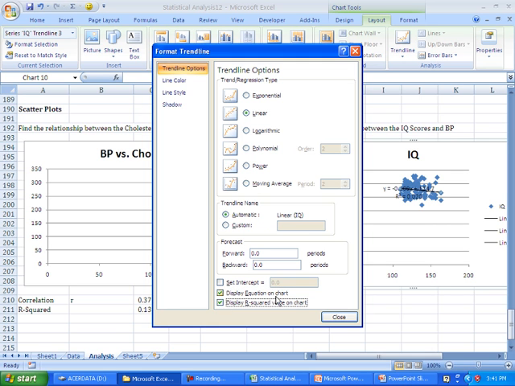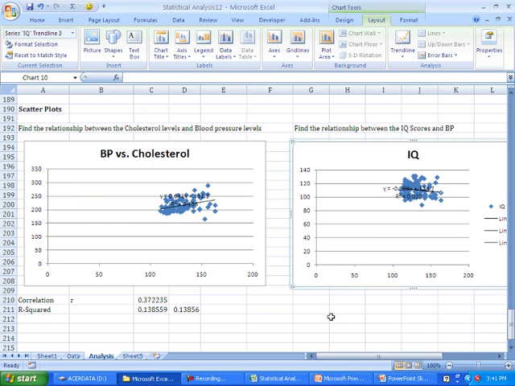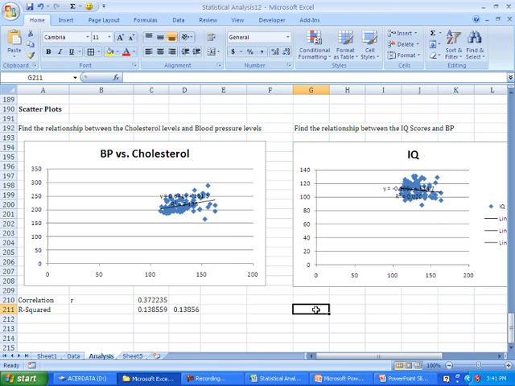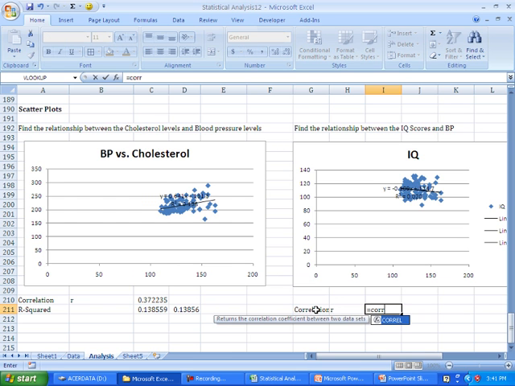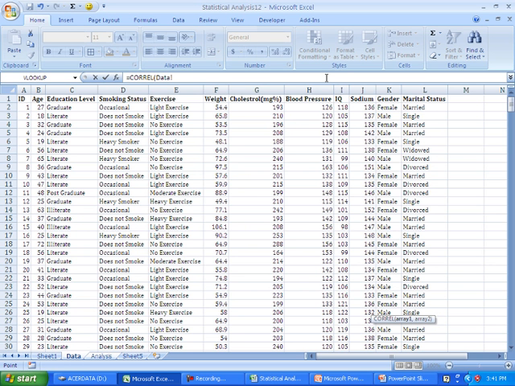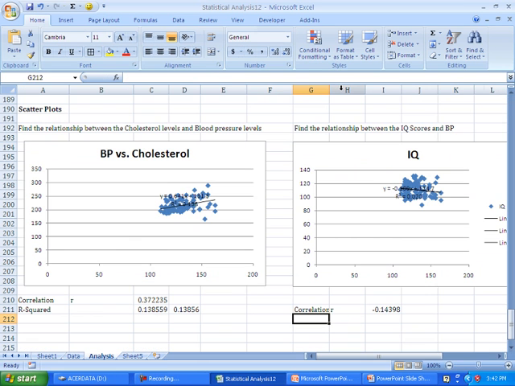Here we are seeing that the R squared is again very close to 0, 0.02. Look at the correlation R. In this case, the correlation R is very less. Correlation between the two variables which we are considering, being the blood pressure and the IQ levels, is almost minus 0.14.